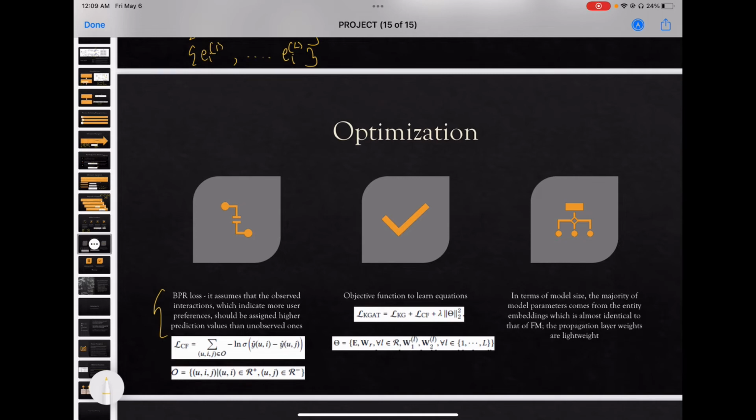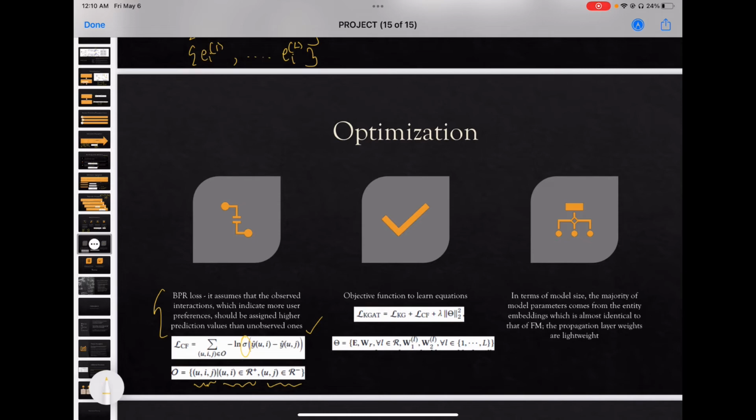So here, LCF is given by this expression where O is a set of U, I, and J, in which U and I belong to relations that are observed, and U and J are relations which are unobserved and are a sample set produced. Sigma is a sigmoid function that is widely known.